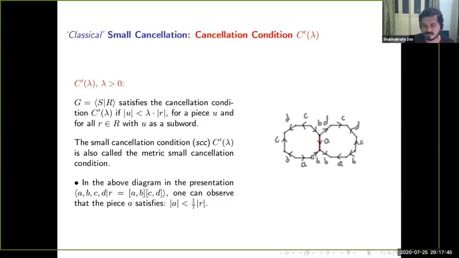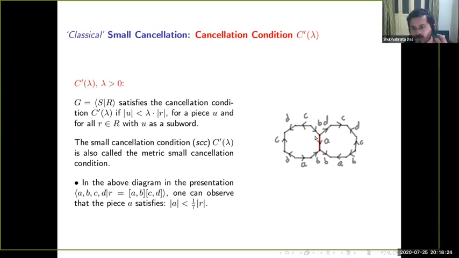We can see here an example. This is the tessellation given by the presentation of a closed orientable genus 2 surface, and the relator here is the product of two commutators, commutator AB and commutator CD. So it's a one-relator group.